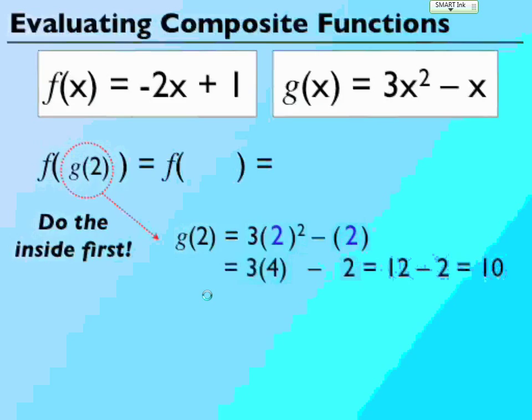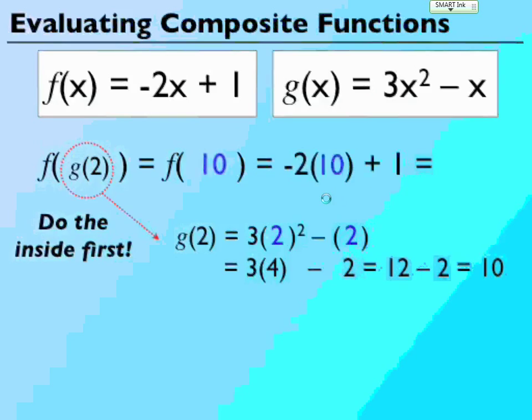So think, all we've done right now is g of 2, and we've gotten 10. So what are we going to do with this 10 now? Well, we're going to take the 10, and we're going to put it in place of g of 2. So now we're doing f of 10. So what do you think we're going to do with this 10? Yep, we're going to take this 10, and we're going to plug it in for every x in the f function. So rewrite the f function, leaving a set of parentheses, space here, for wherever there was an x.